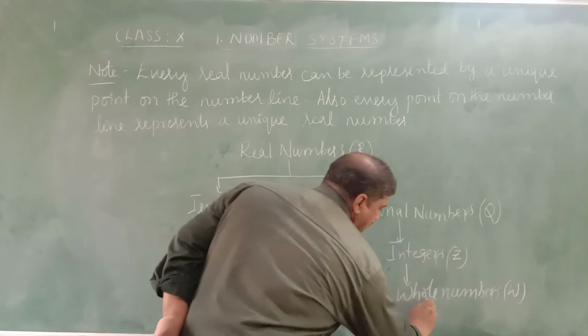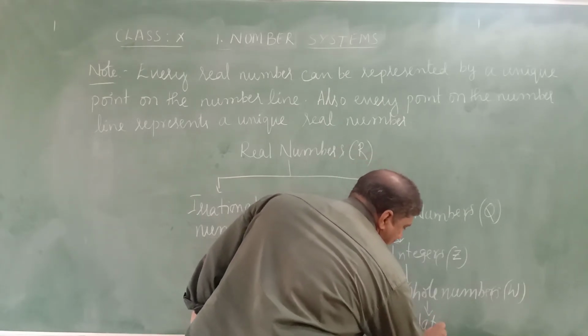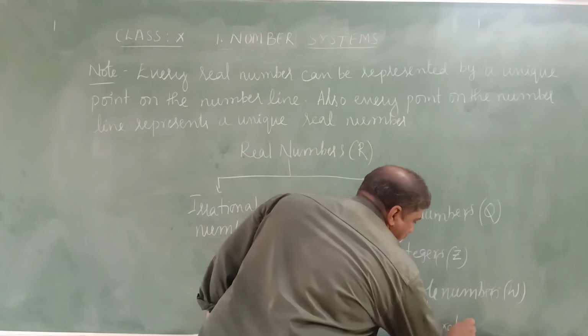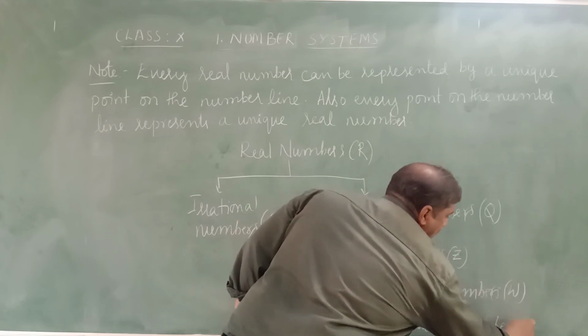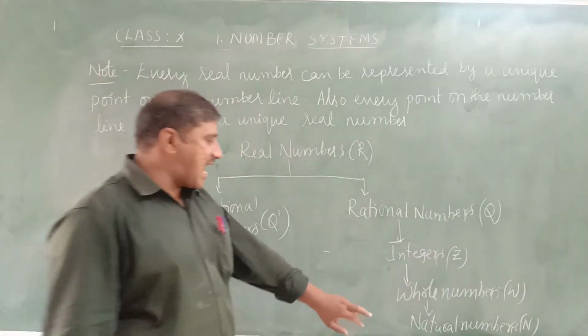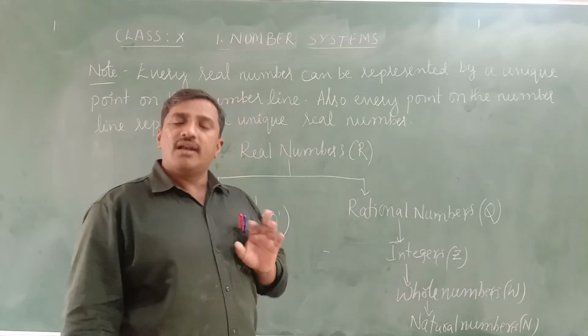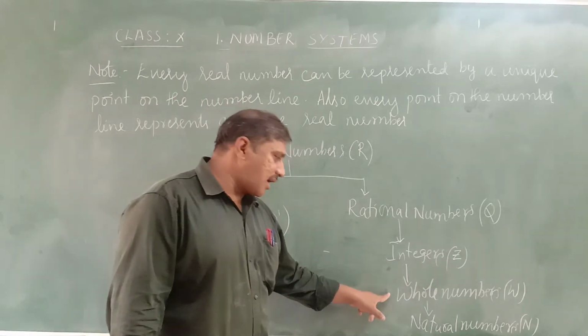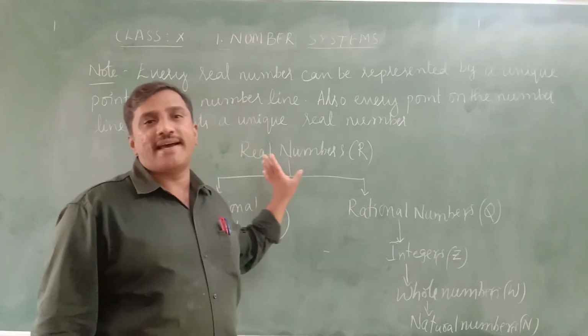Now the last one is natural numbers, represented by the letter N. Every natural number is a whole number, but every whole number is not a natural number, because whole numbers include 0, but 0 is not there in the natural numbers.